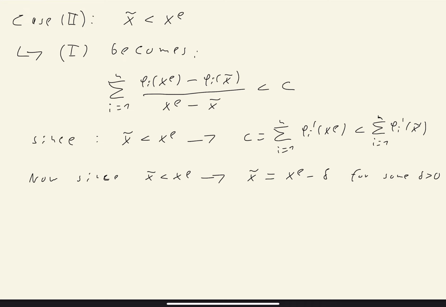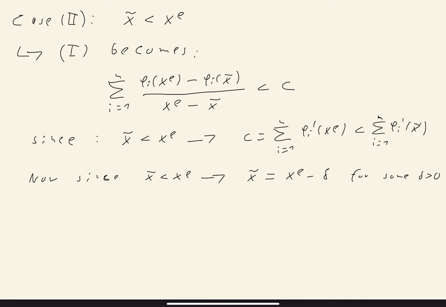So some number must exist such that if we take away some amount from xe, we end up with the amount of the public good in the tilde allocation.